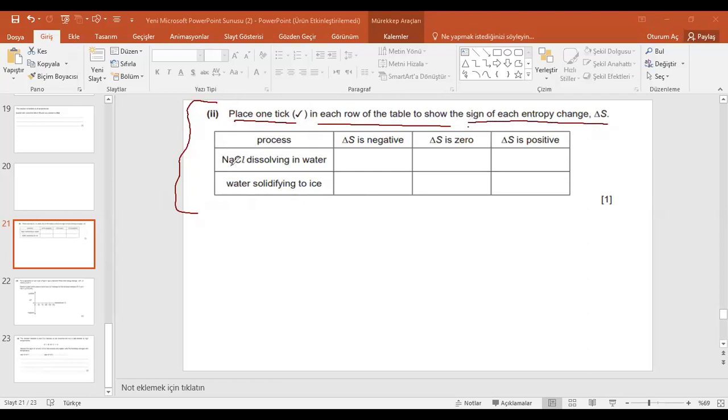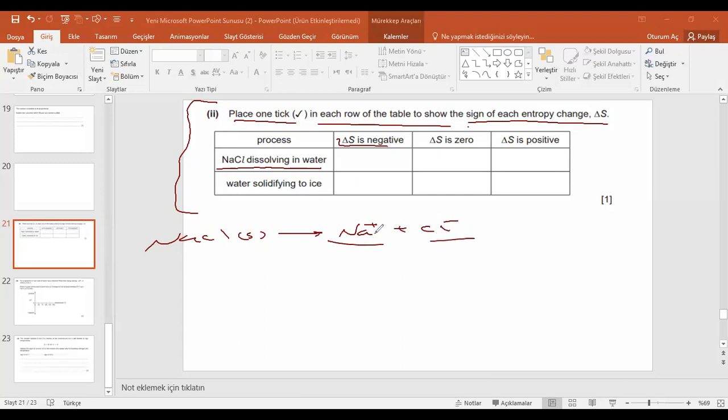So here we have NaCl dissolving in water, and is the change in entropy negative, zero, or positive? We have NaCl, which is solid. We dissolve this in water, so it will become Na+ and Cl-. So here we got ions.